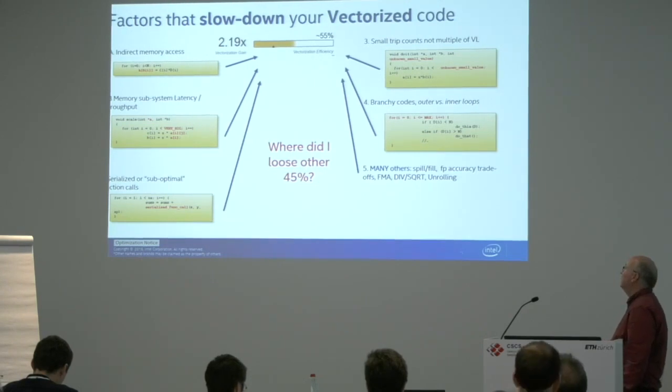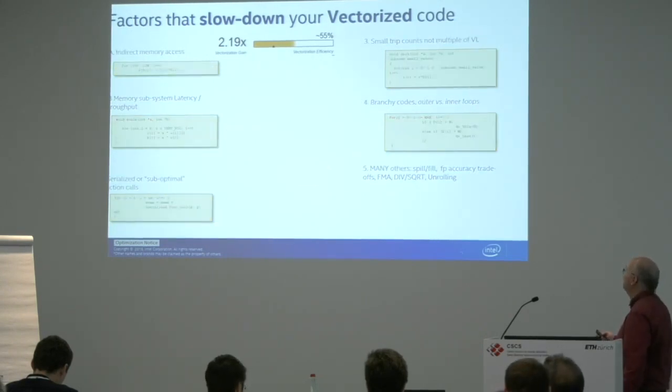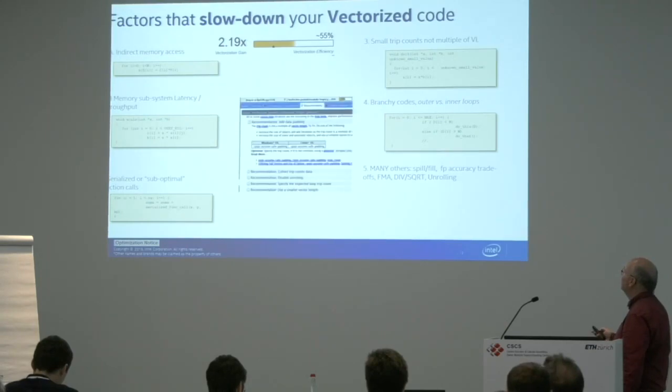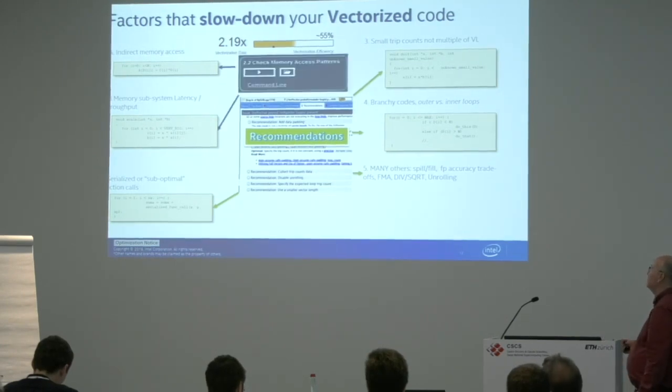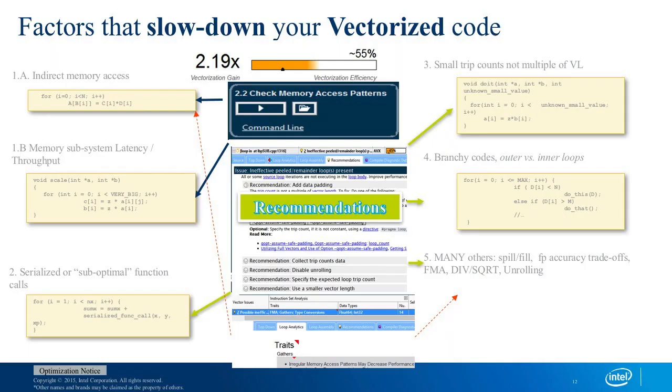And then we can get here the further recommendations, which are linked to this typical stuff, and this memory stuff with the indirect address, memory access, and memory subsystem latency we can get by getting the memory access pattern. And for that we have to do another run.